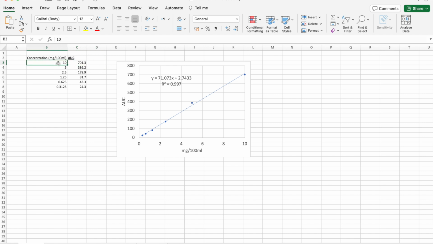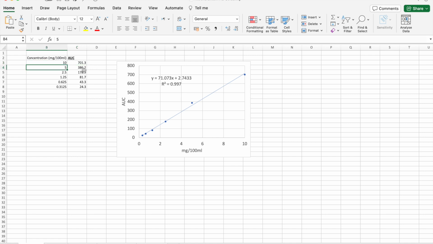One of the ways I can do that is by preparing a solution of known concentration. You can see here in this Excel sheet, I've prepared a solution that has 10 milligrams of nitrofurantoin per 100 mL, and that will give me an area under the curve of 701.3.